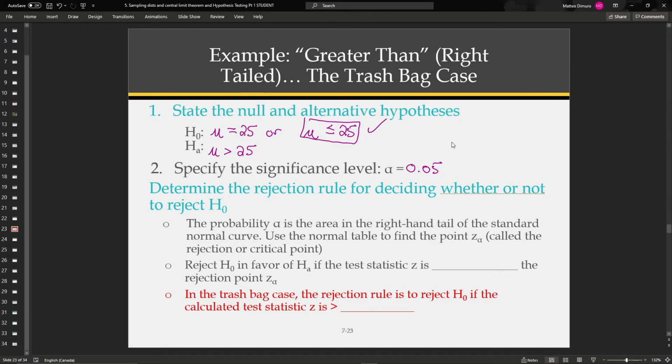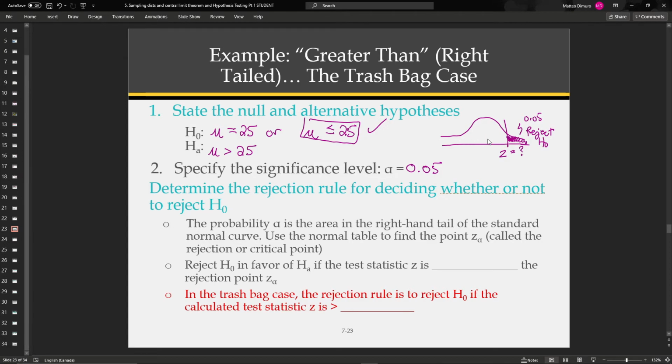So if you draw the picture, our rejection region is over here where we have 5% of the curve, and we're looking for what z-score is going to give us that value. Okay, so if it's over here, we're going to reject H0.